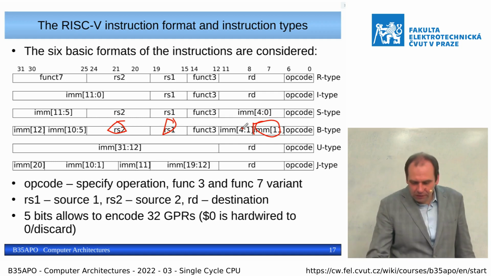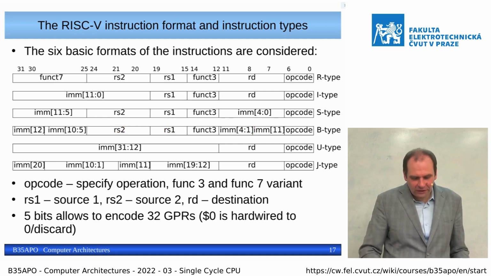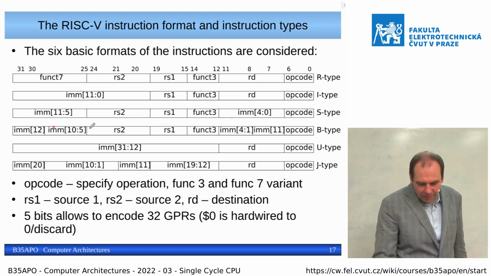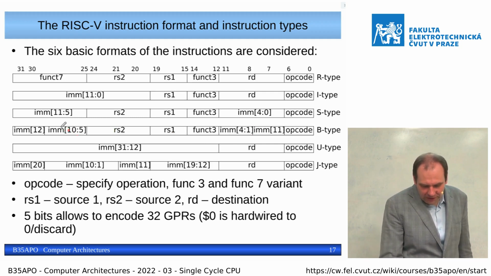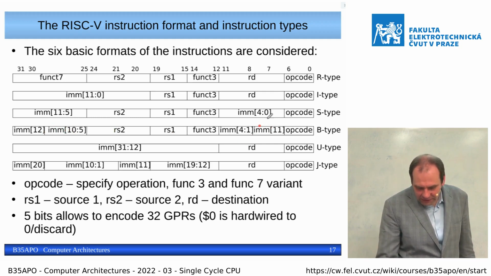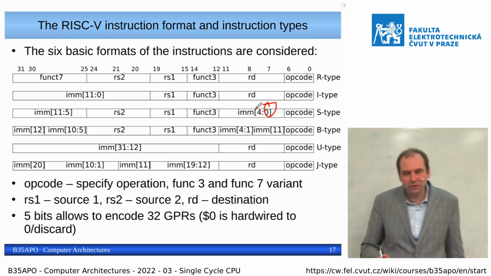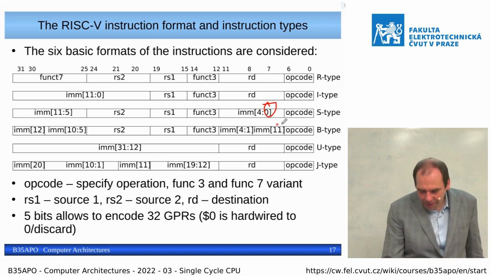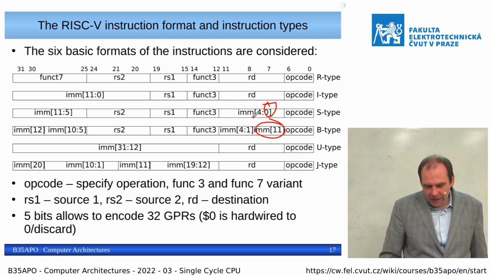And because they do not want to change the meaning of some other bits, they decide to swap them this way. So basically this least significant bit, which is not used, is in fact remapped to bit 11.